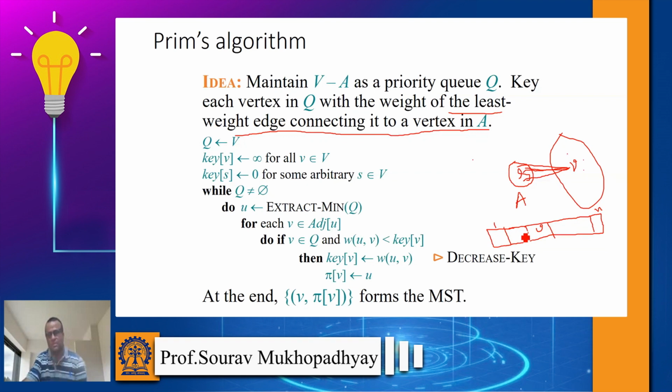That is the key value of the corresponding vertex. So that is the way we key each of the vertices in this priority queue.